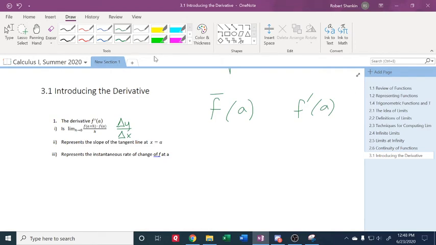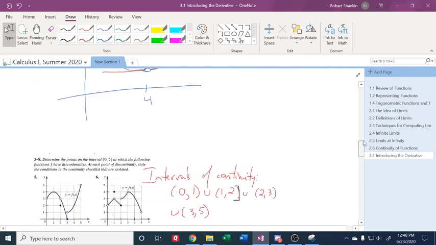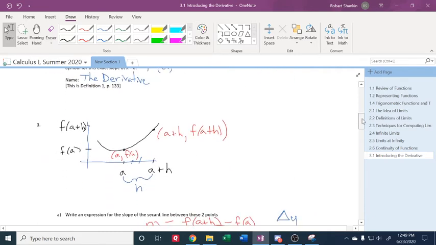So this is how we get it. And if I scroll up, I can show you the picture. It's the slope of this line right here, the tangent line.